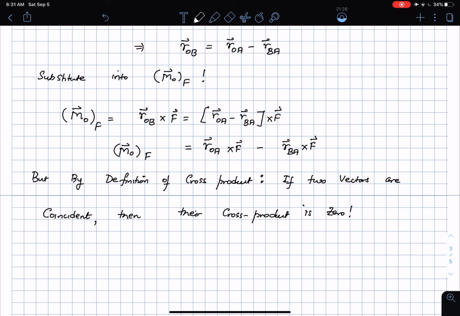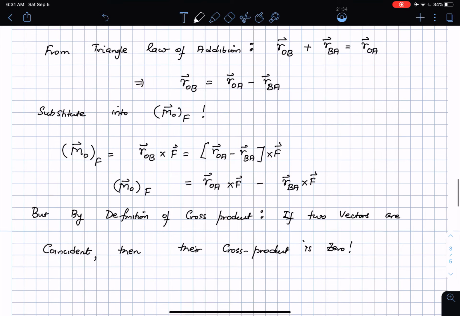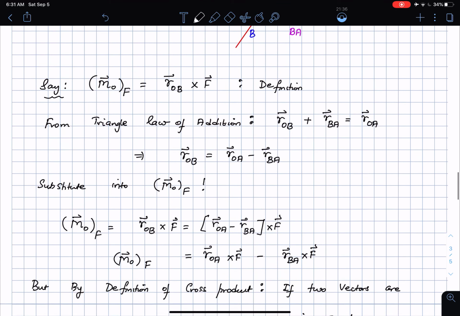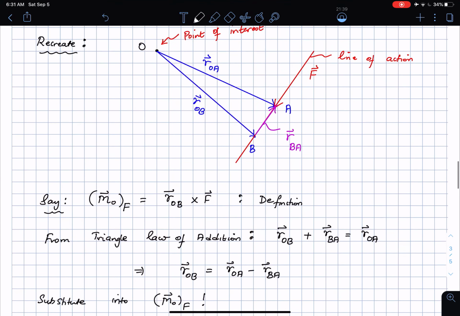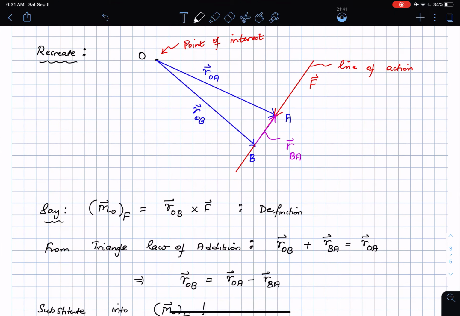Okay, this is by the definition of cross product because the angle between them is 0. Which means that if I look at the vector RBA and vector F, you will see that they are coincident.